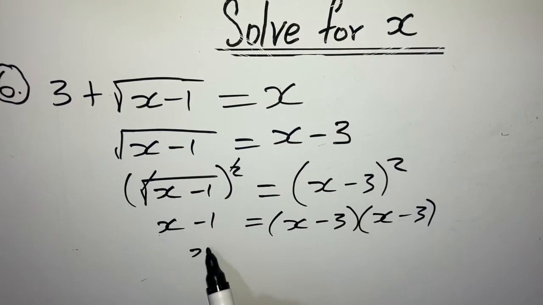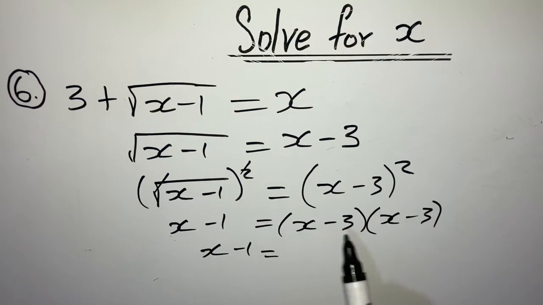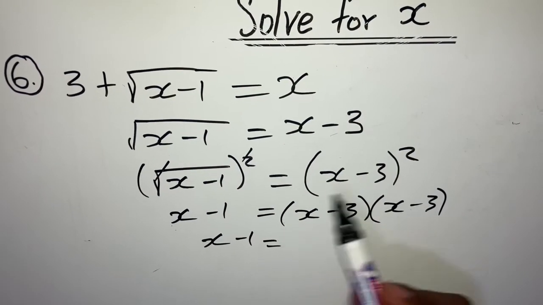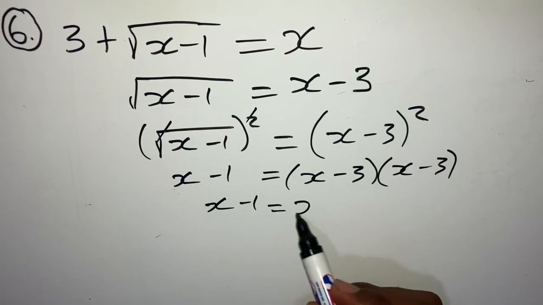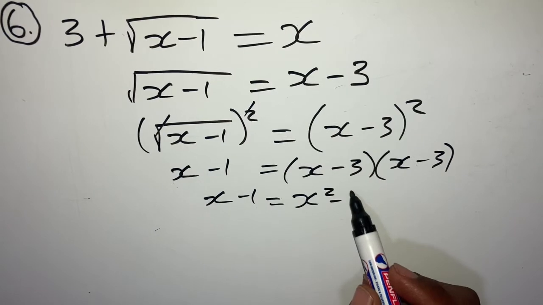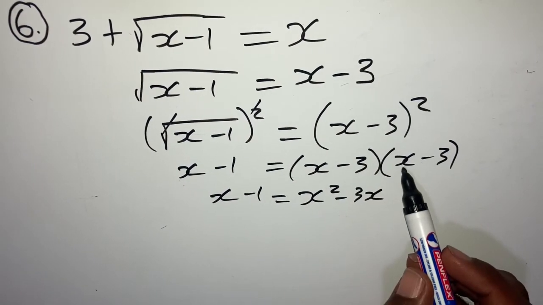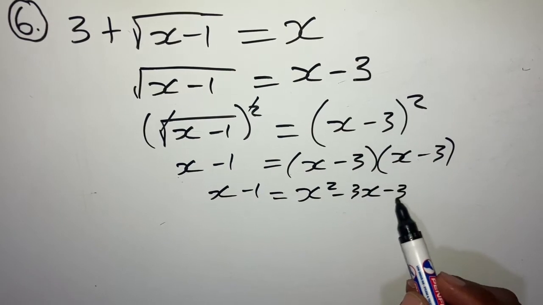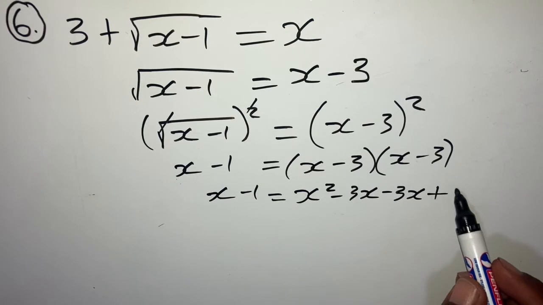Then x minus 1 equals to, then we'll have to do the FOIL method, which will be x and x, you get an x squared. x and negative 3, you get a negative 3x. Negative 3 times x, still a negative 3x, then 3 times 3, you get a plus 9.